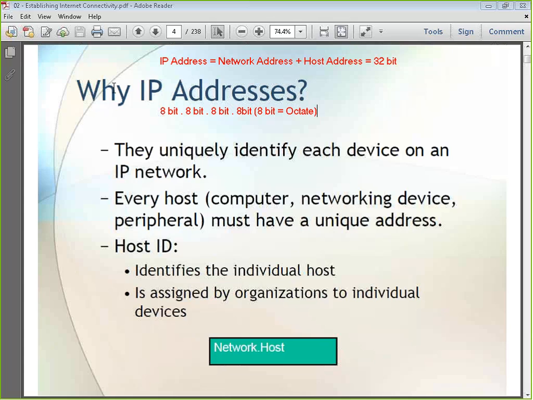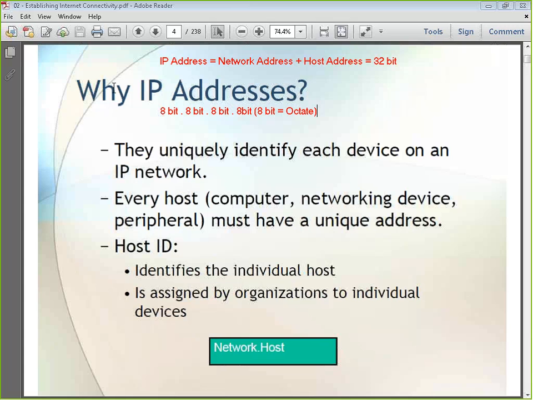So an IP address is divided into 4 different octets. Now how is that possible? Because the IP address is 32-bit, and if I divide it into 4 sections, each of the sections is called an octet, which is 8 bits each.